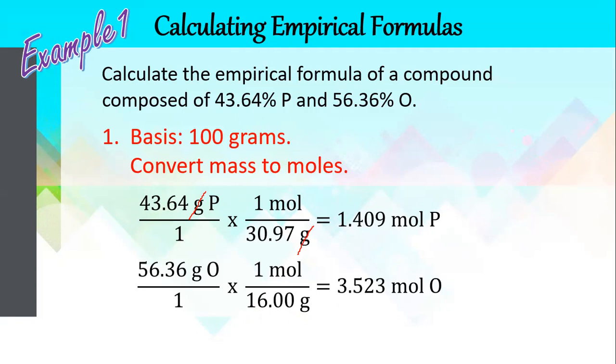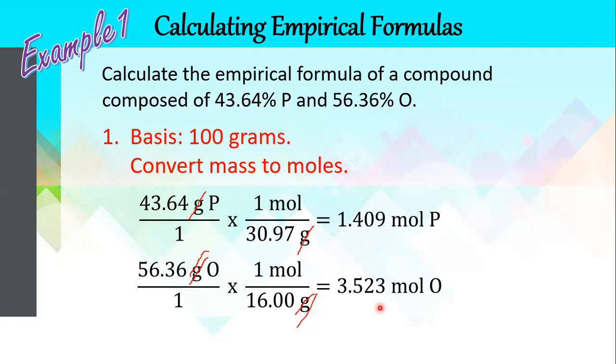And so this is going to approximate how many moles because the grams are going to cancel out. All right, so once again, you can cancel out these grams. And we take 56.36 grams of oxygen divided by 16.00 grams.